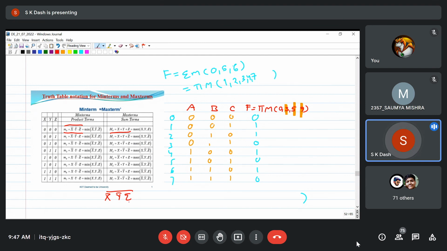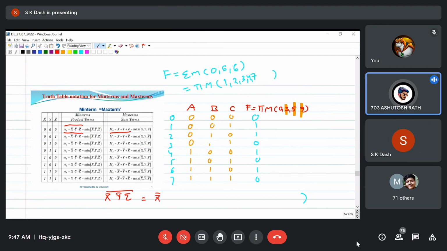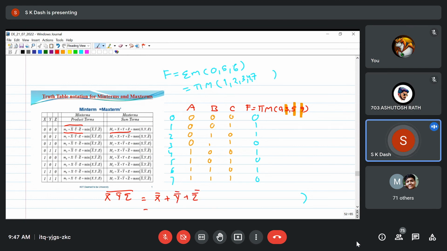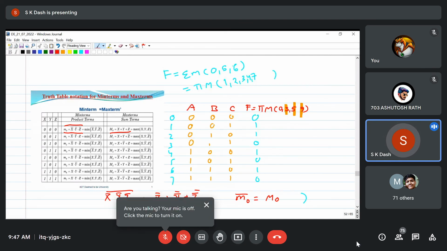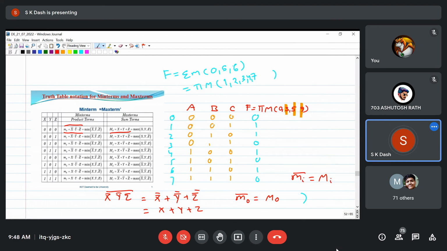Applying De Morgan's theorem, it is x plus y plus z, which is capital M0. So small m0's complement is capital M0. Similarly, you can prove it for others: small mi's complement is equal to capital Mi.